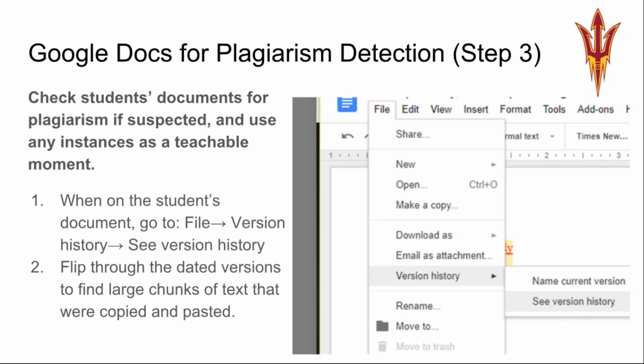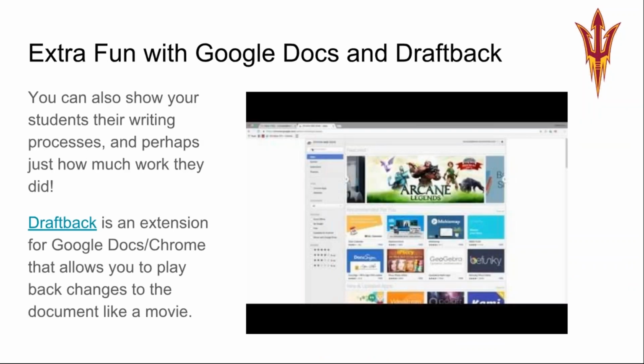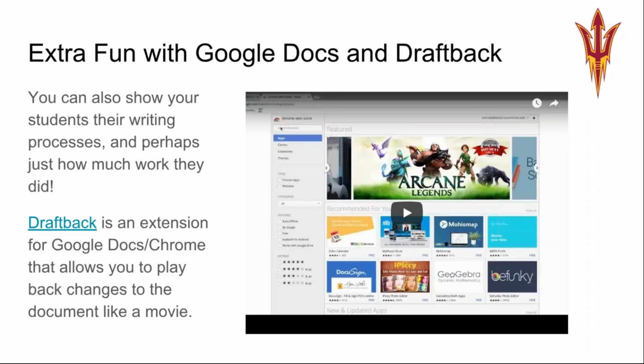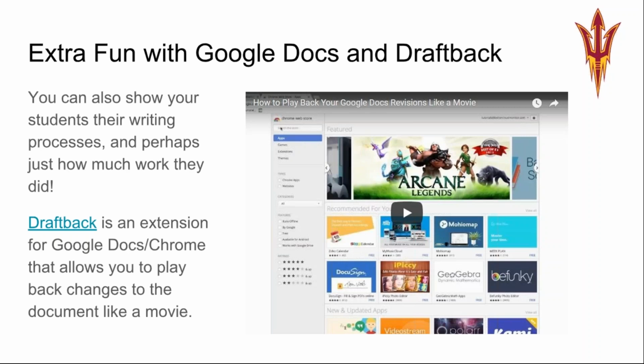But if you really want to have fun with Google Docs and make sure that students understand how to use it to the nth degree, you can use an extension for Google Chrome called Draftback, and it allows you to play back the changes that you've made to a document like a movie. Students can observe their own writing process, just how much work they did, and use it for their reflections in the future.